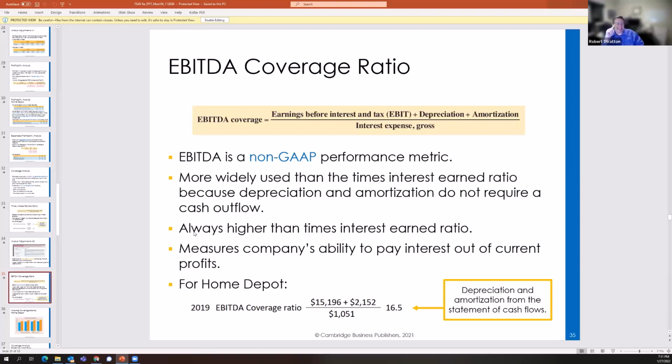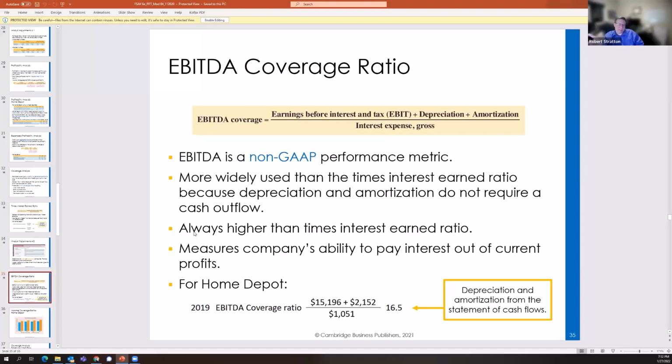But it's kind of more accurate, right? It's more data in the equation. It'll always be higher than the last one, the earnings before interest and tax. But it gives you a little bit better idea of the actual coverage ratio.